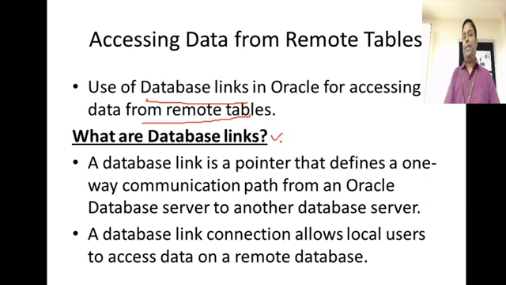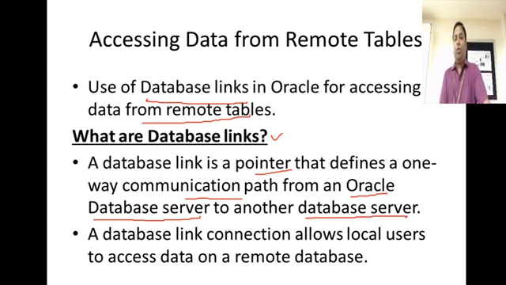What are database links? A database link is a pointer that defines a one-way communication path from an Oracle database, again very specific to Oracle, to another database server. So if I want to access, say, I have a database running here, another database running in Chennai. I want to access the data in Chennai from here. That's a remote database, right?